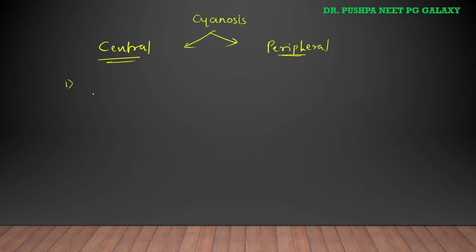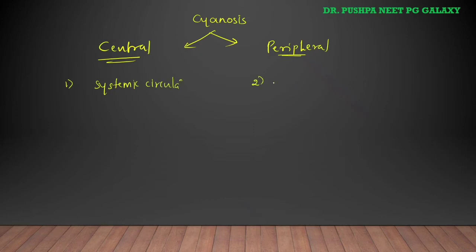It has mainly two types, that is central cyanosis and peripheral cyanosis. Central cyanosis is due to inadequate oxygenation of systemic circulation.